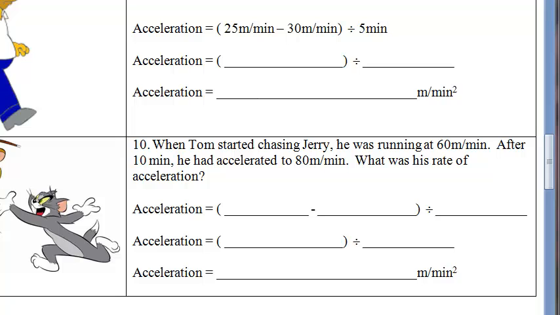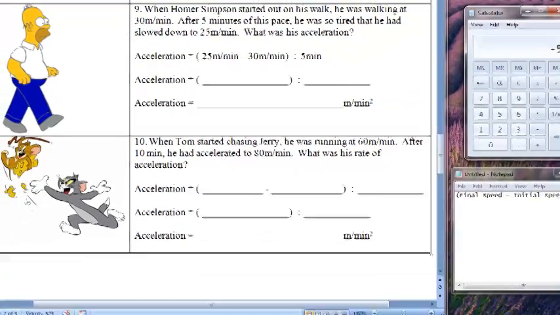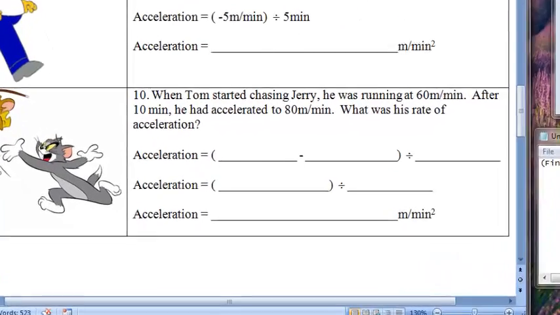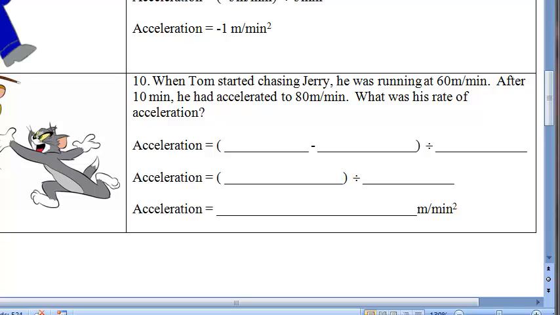And then we could start calculating. 25 minus 30 is where we end up with our negative answer. Negative 5. And then the 5 minutes just is rewritten for this step of the problem. When you divide negative 5 divided by 5, you should end up with negative 1 meter per minute squared.